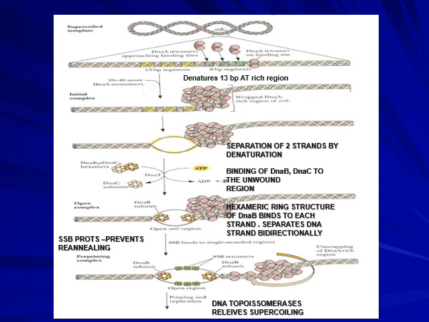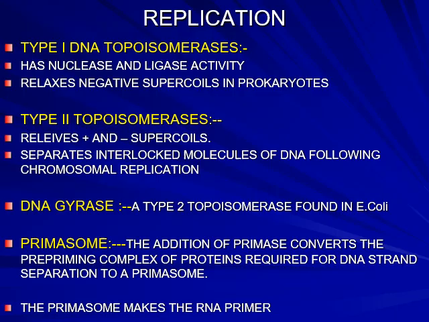Okay. The next set of enzymes are the topoisomerases, which will prevent supercoiling. Now there are different types of topoisomerases. You have the type 1 DNA topoisomerase and the type 2 DNA topoisomerases. Type 1 has nuclease and ligase activity.